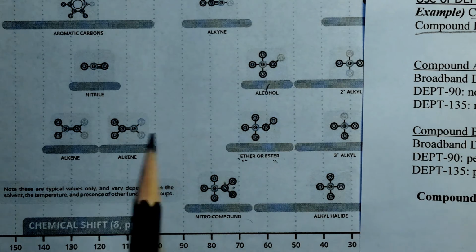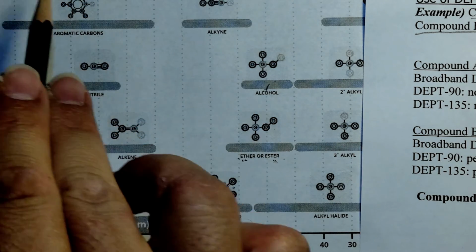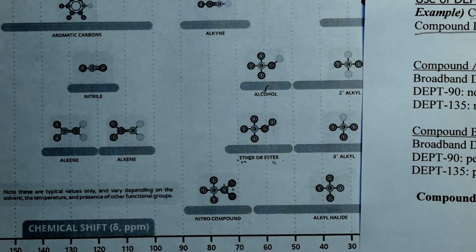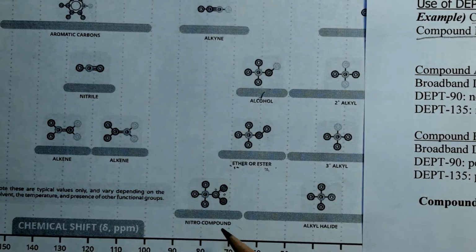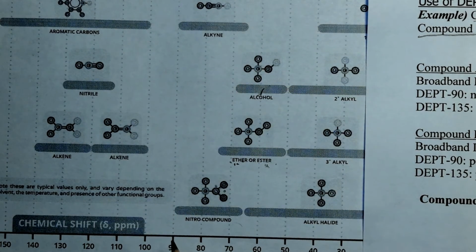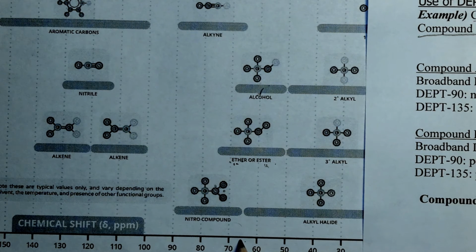If we go to our chemical shift chart for C13 NMR, we see that carbons in alkynes typically are in the region of about 90 ppm to about 65, maybe 67 ppm.